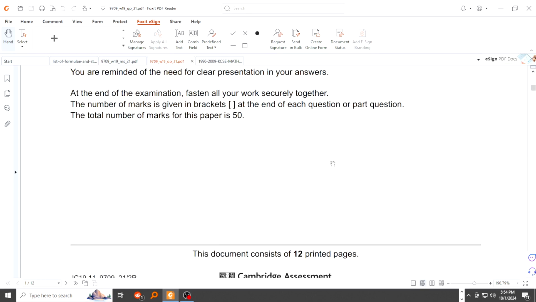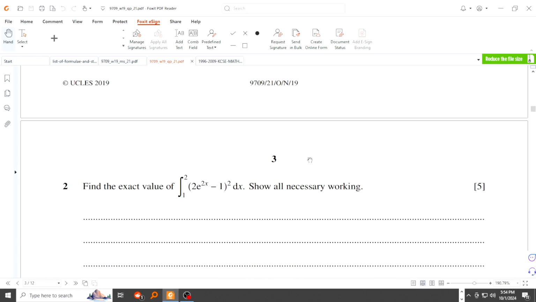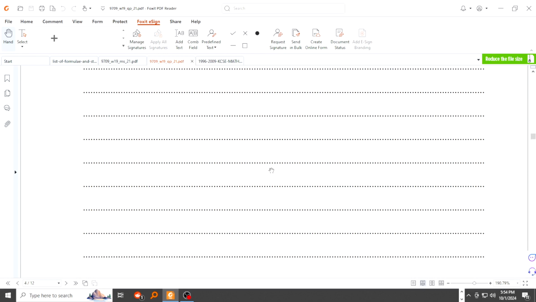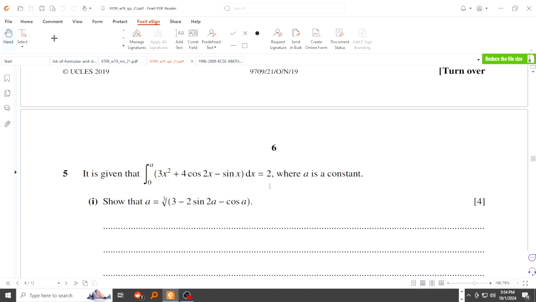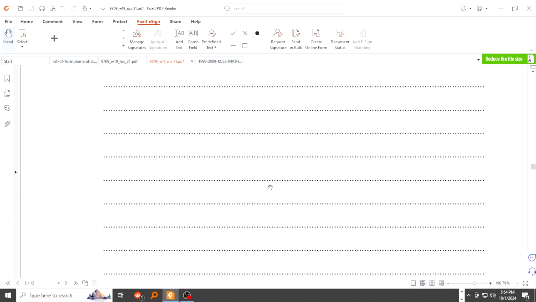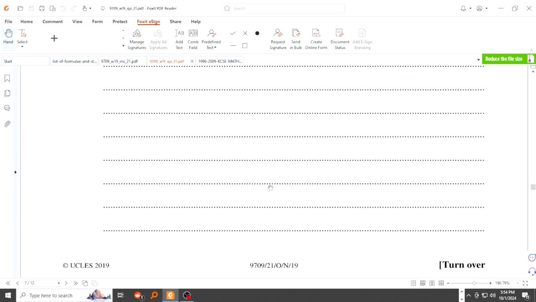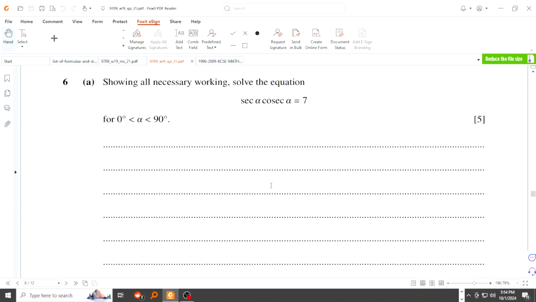The question of interest is question 6 in our series of looking at questions dealing with logarithms. So we look at question 6, which reads: showing all necessary working, solve the equation sec alpha cosec alpha is equal to 7, where alpha is within the range 0 degrees to 90 degrees.